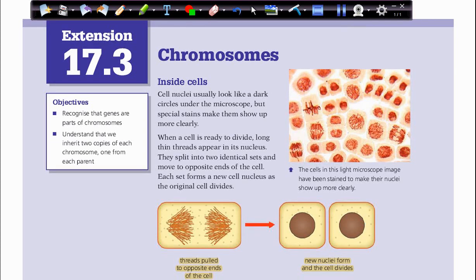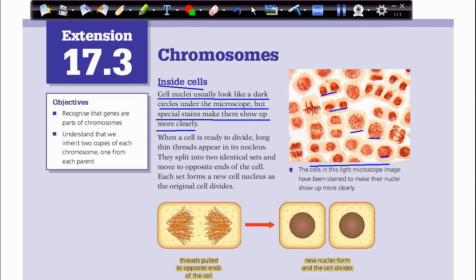212. Chromosomes. Inside cells, cell nuclei usually look like dark circles under the microscope, but special stains make them show up more clearly. Here in this picture, we can see the nuclei, which is the plural of nucleus.